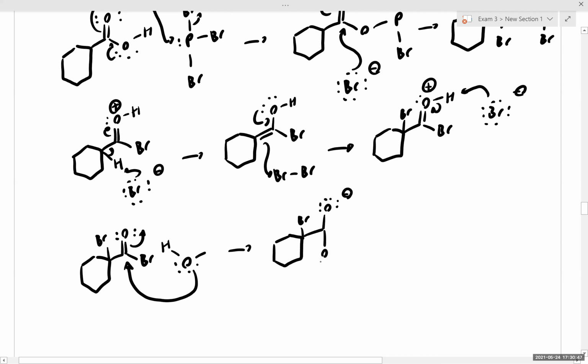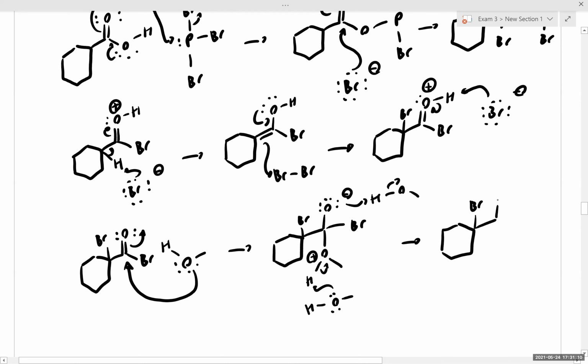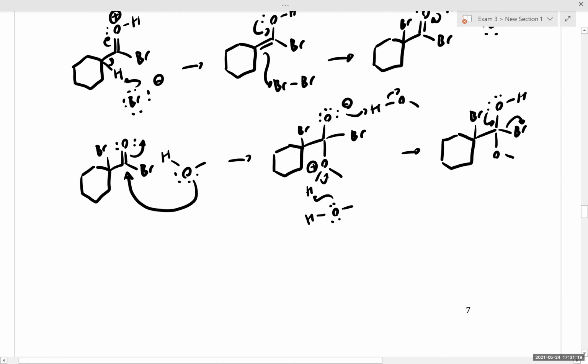From here, we generate a tetrahedral intermediate. And it wouldn't really be appropriate to show water facilitating the proton transfer. Likely, we're going to have an equivalent of methanol facilitating this proton transfer. Okay, we've now set up our tetrahedral intermediate to collapse and kick out our leaving group, which in this case is bromide.